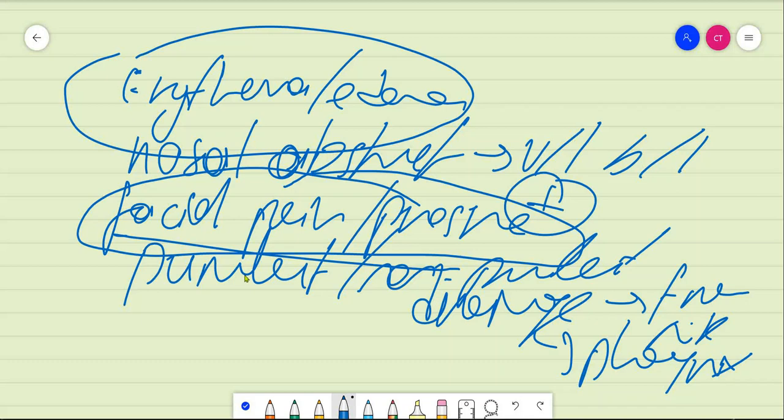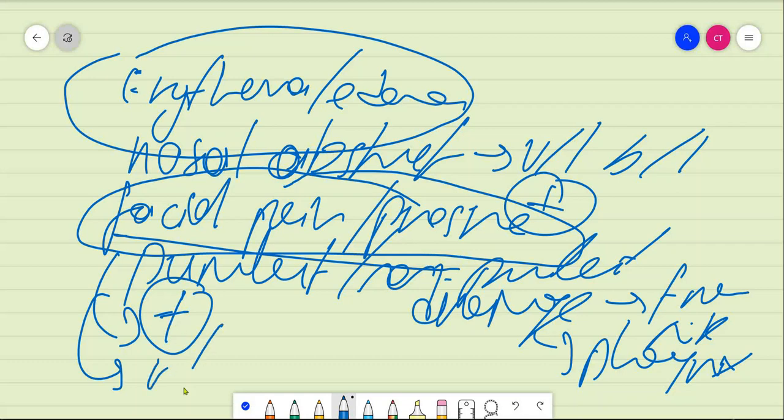However, this is wrong, and there is no validated study about this. So we don't know its sensitivity or specificity, and this cannot diagnose a patient with sinusitis if it's positive.